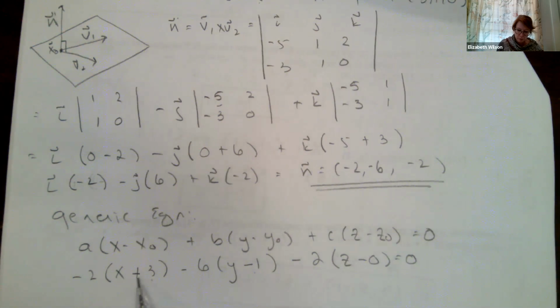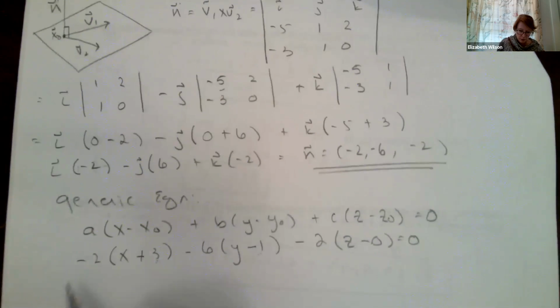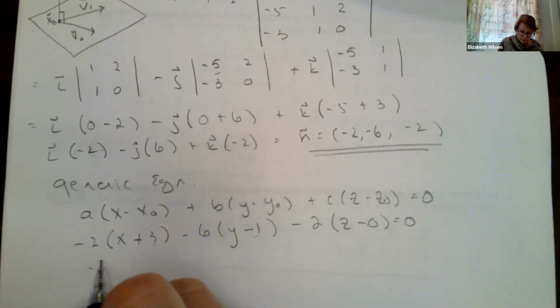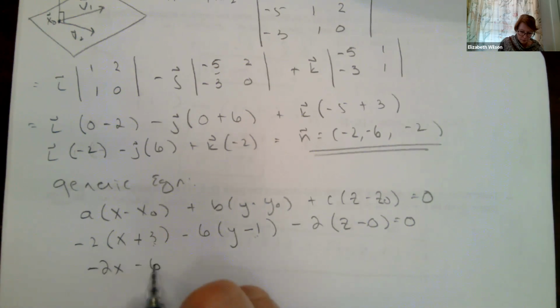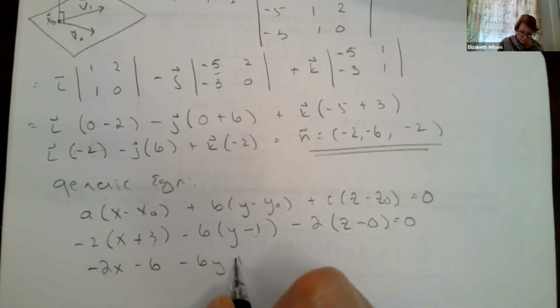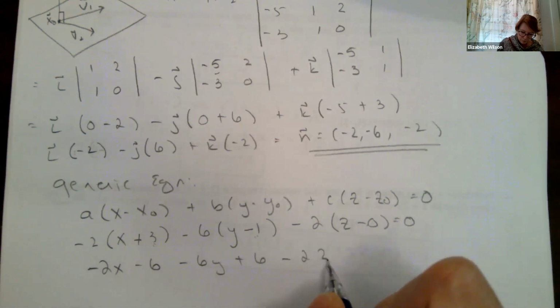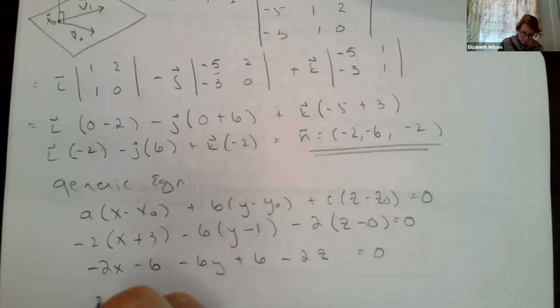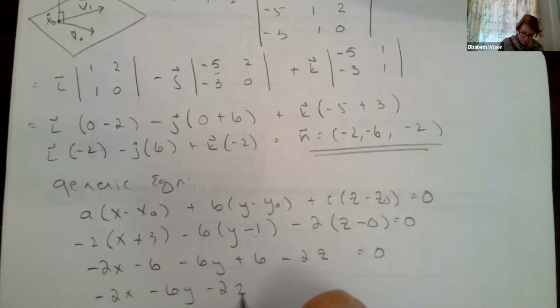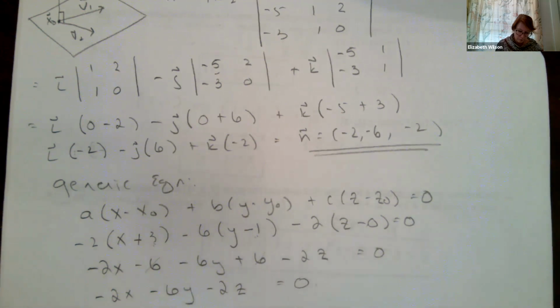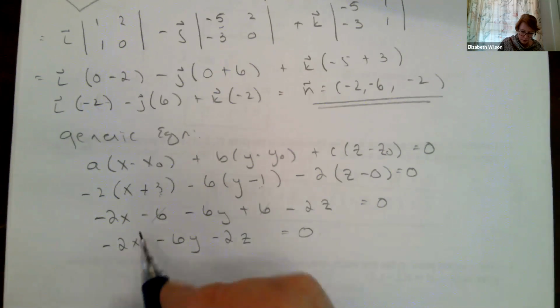This is a minus 3, so minus and minus becomes a positive. This is minus 1, minus 0. So I'm going to distribute now my terms. And I can actually just divide by a negative to make that all positive.